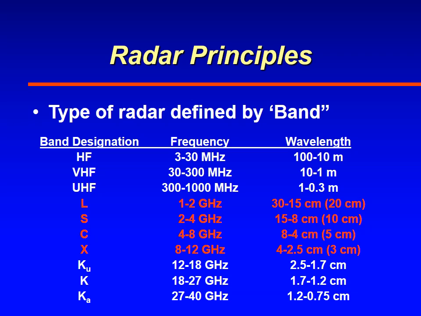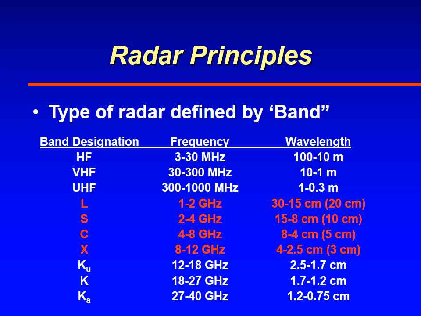We tend to look at it as wavelength, or how long the electromagnetic wave is. For radar, the bands have letters that indicate what type of radar it is, and they go from L to Ka. We are just going to talk about L through X. That's what weather radar is used for.